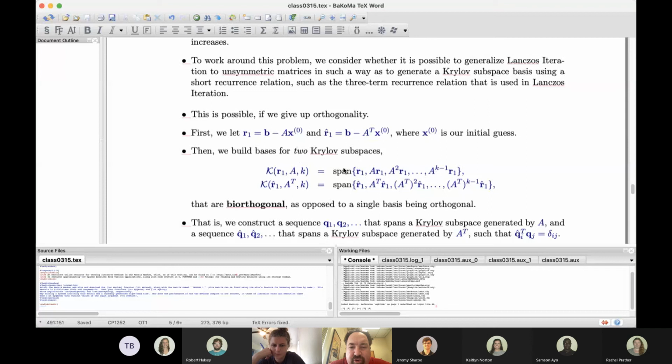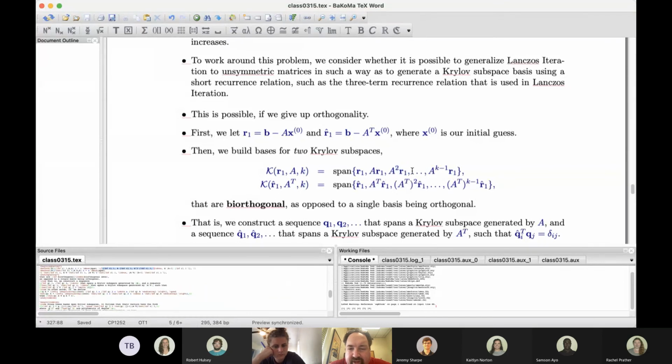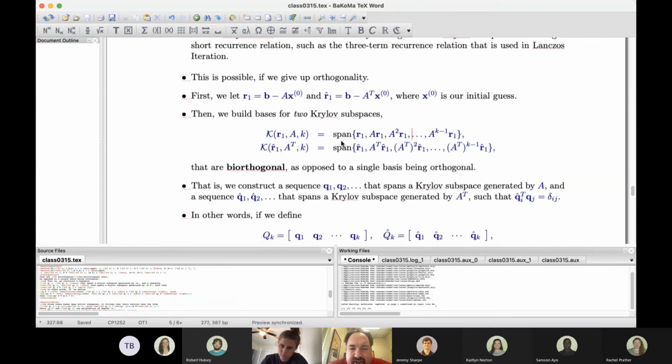So what we do is we generate two Krylov subspaces, one based on A and the other based on A transpose. And instead of generating one Krylov subspace where all the vectors in the basis are orthonormal, we generate bases for two Krylov subspaces, and they're called bi-orthogonal. So we generate Q1, Q2, and so forth that span this space, like before.